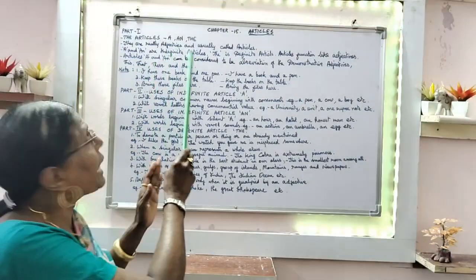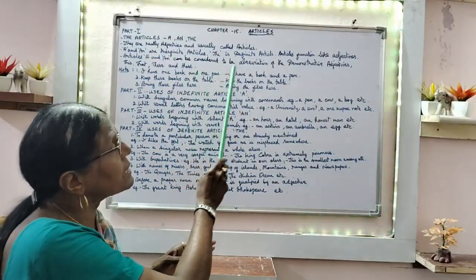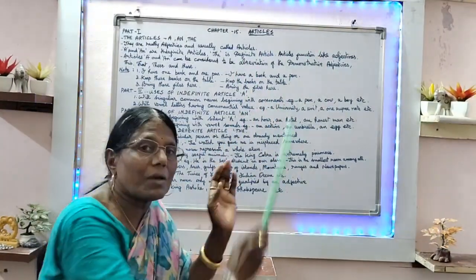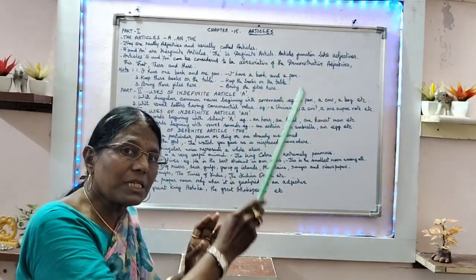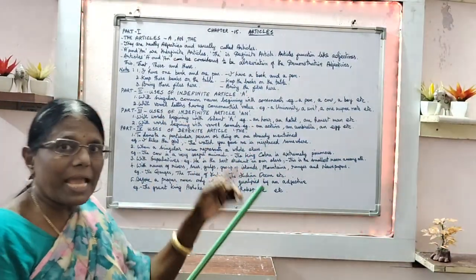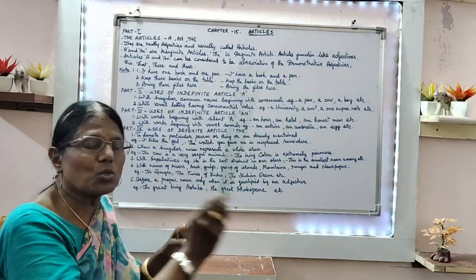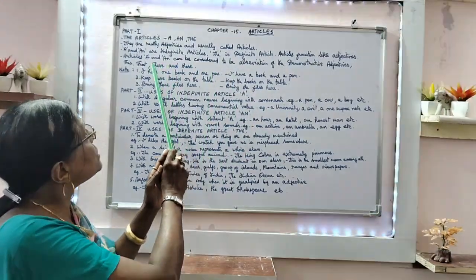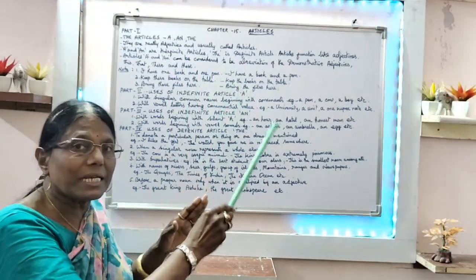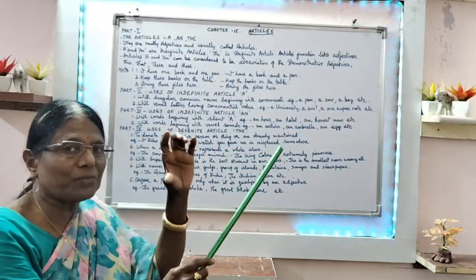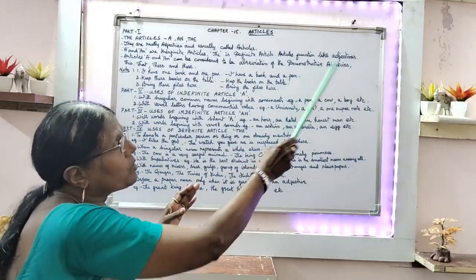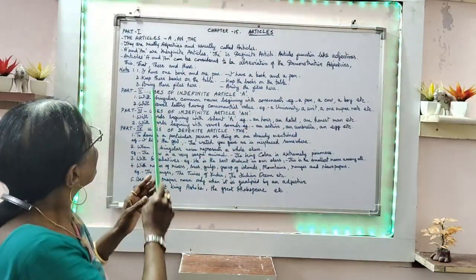Articles a and an can be considered to be abbreviations of demonstrative adjectives. I have already taught you demonstrative adjectives, that is this, that, these, those. So these two, a and an, can be considered as the abbreviative form. Abbreviative form is the short form, of demonstrative adjectives.